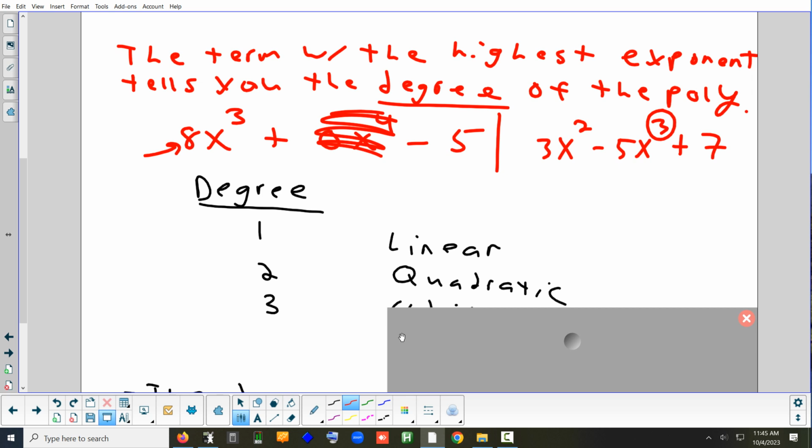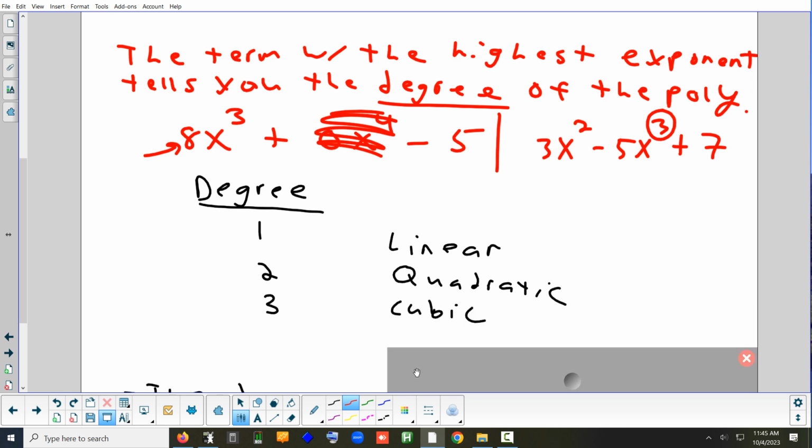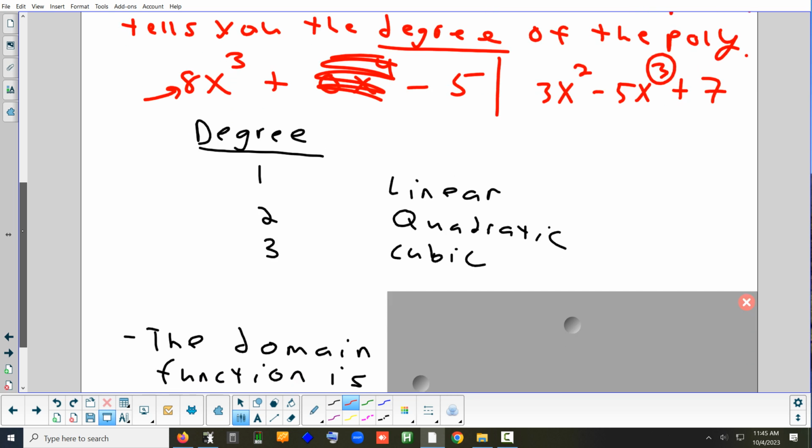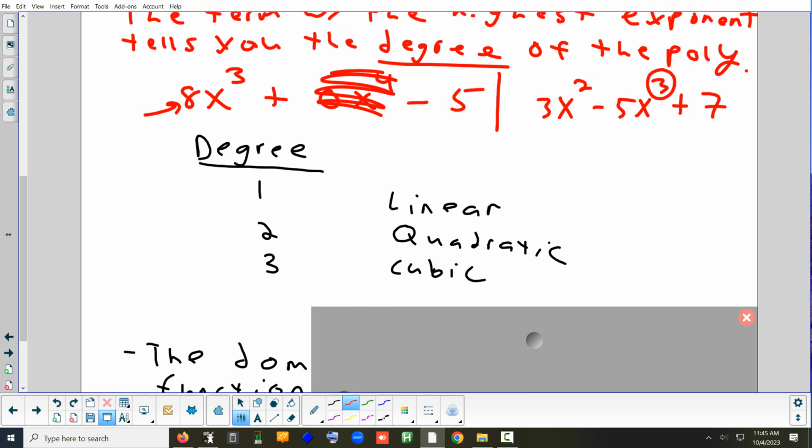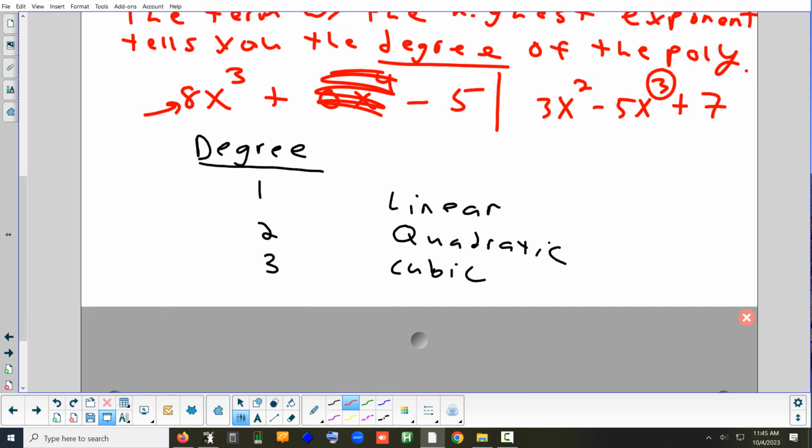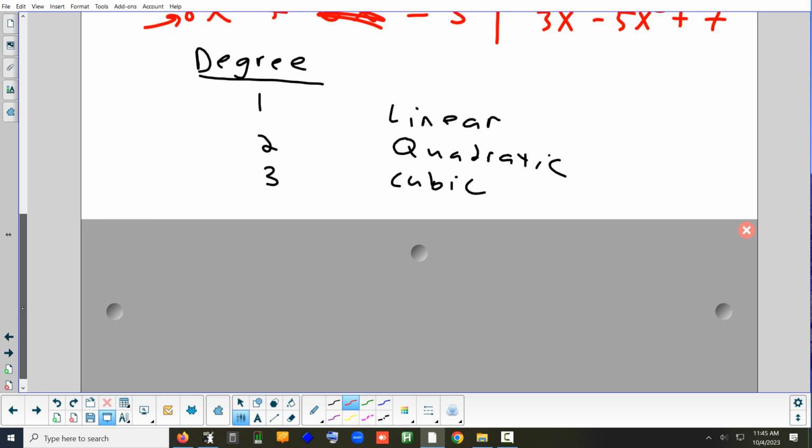Cubic. When the highest degree is a 4, you can say quartic. But generally beyond that, you just say my polynomial has degree 5, degree 10, degree 30. Did you say quintic? I've never heard the term, but usually that does mean 5. But I'd have to look that up.